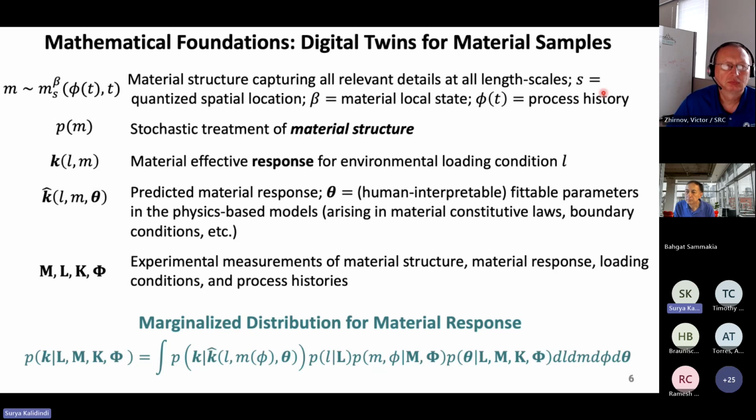And the fittable parameters one has to estimate from something. Usually they're calibrated to experiments, but that calibration process itself has some uncertainty. So theta in my equations are all those fittable parameters that are fit between simulations and experiments. The uppercase symbols, M, L, K, and phi, are all the observations.